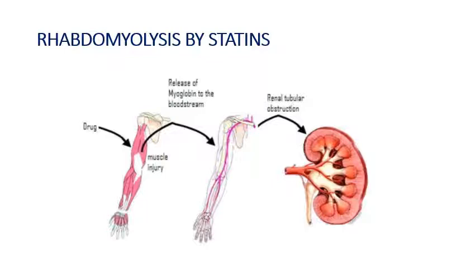This myoglobin goes and blocks the renal tubules, which causes renal tubular obstruction and potentially lethal renal insufficiency. This is a very rare, serious side effect of statins, especially when taken along with CYP3A4 inhibitors or fibrates and niacin.